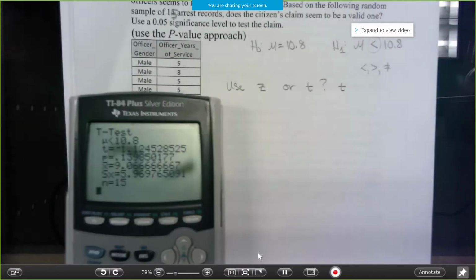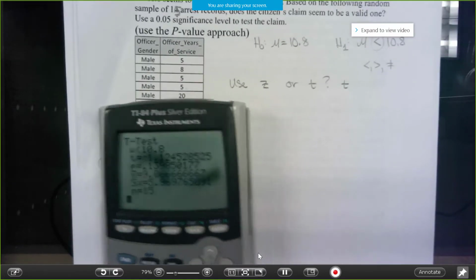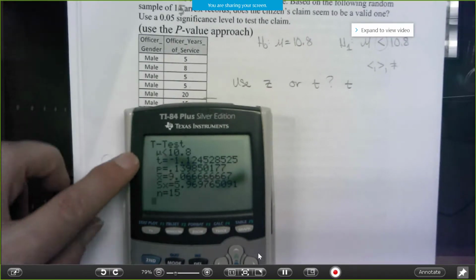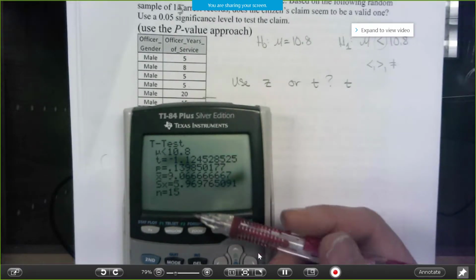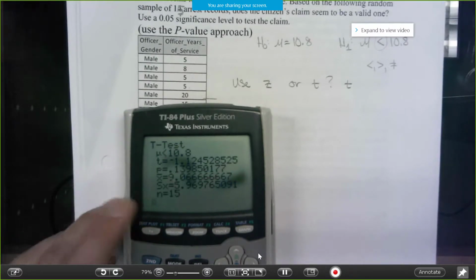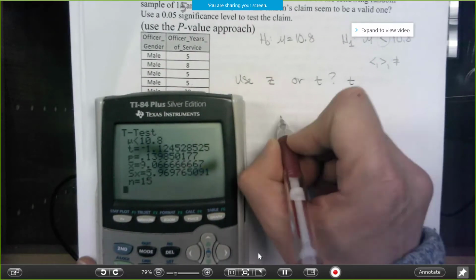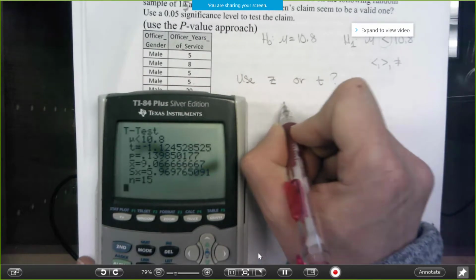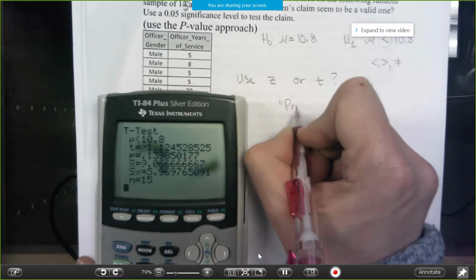Okay, so this is what you should do on our next test: write down everything that's on this screen. I'm just going to call it printout.